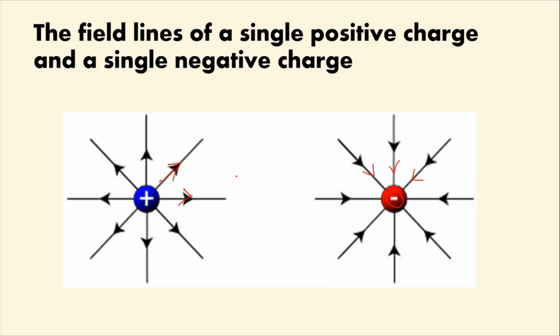So with this, we understand the first property. Electric field lines emerge out from a positive charge and flow inwards towards a negative charge. Okay, this is very important.